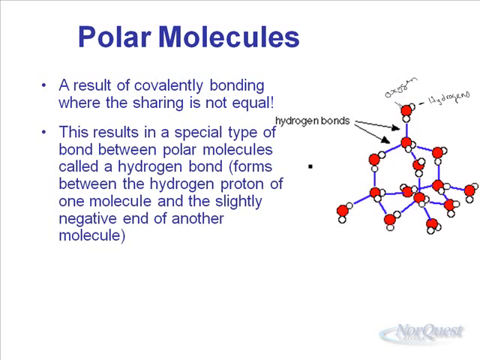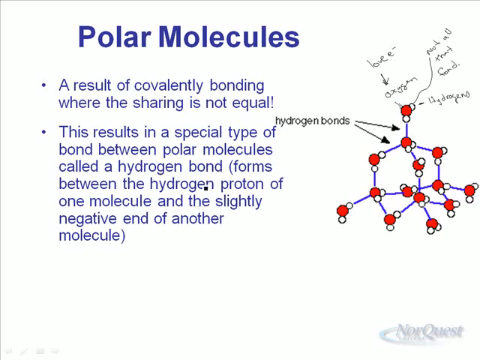It's a special situation where oxygens love electrons and hydrogens don't really care about electrons. And so what happens is the electrons spend most of their time around the oxygen atom. With the hydrogen atoms, the electrons are there, but not as often.